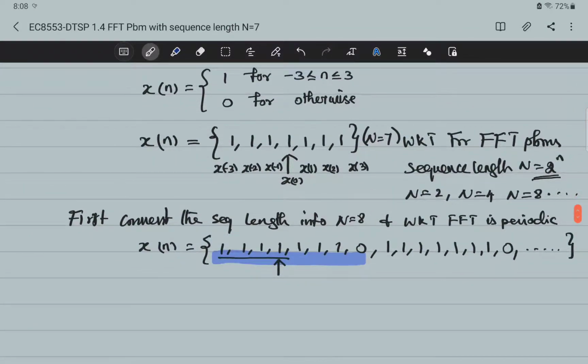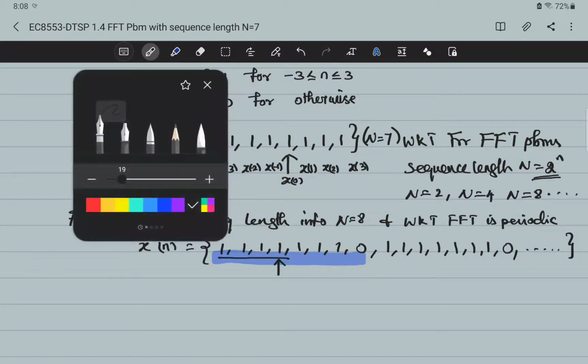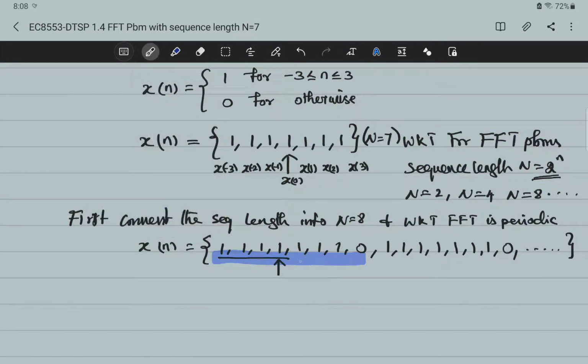So now we have to solve the problem for N equal to 8, which means the FFT problem can be solved from origin to 8. Therefore we will take the values from the origin to this.